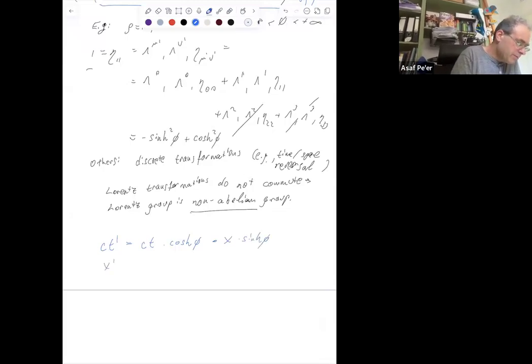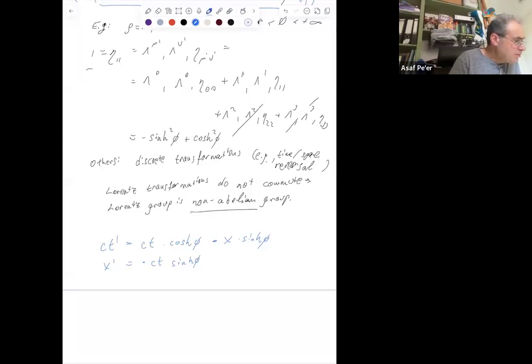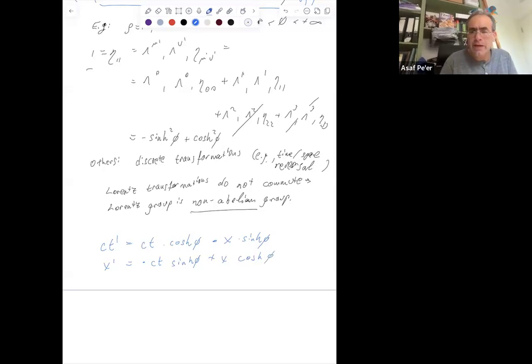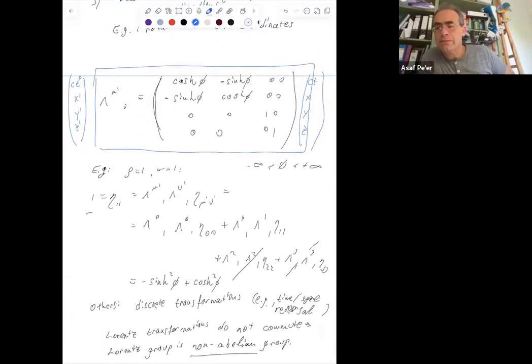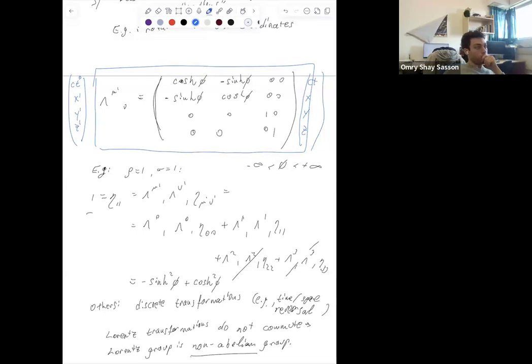And x prime is equal to minus CT sine hyperbolicus of phi plus x cosine hyperbolicus of phi. Yeah?